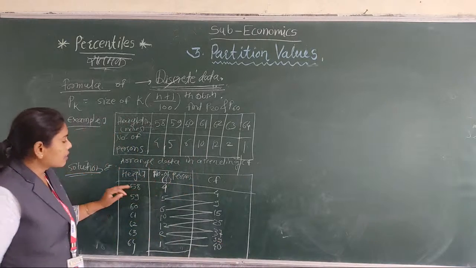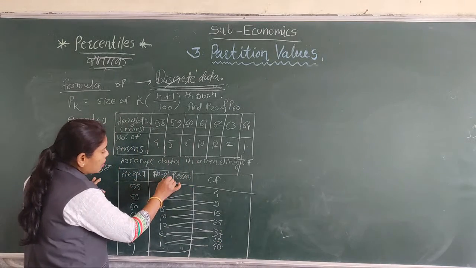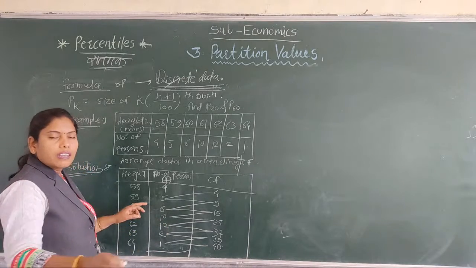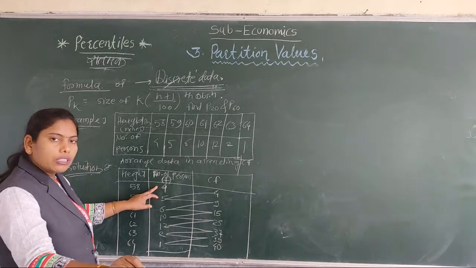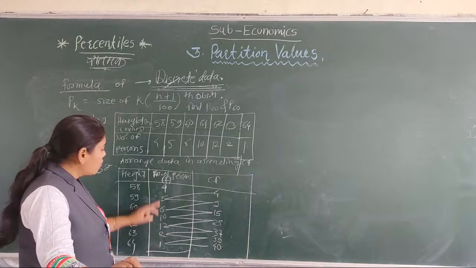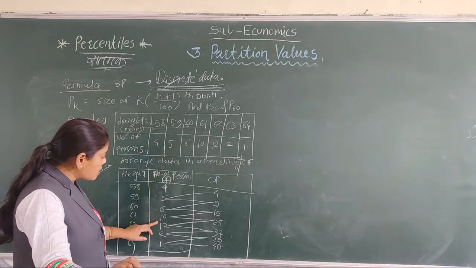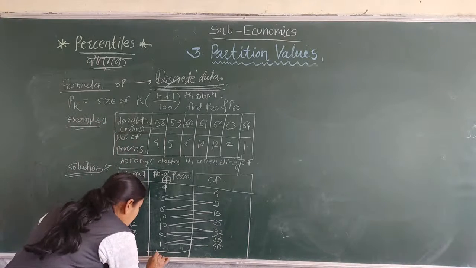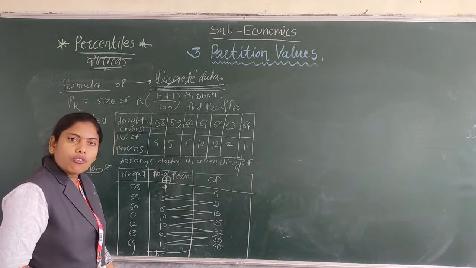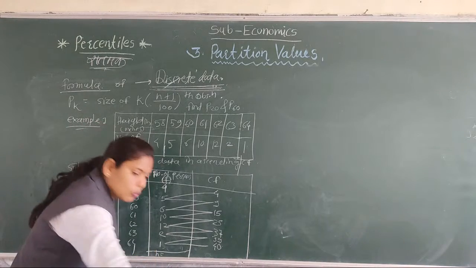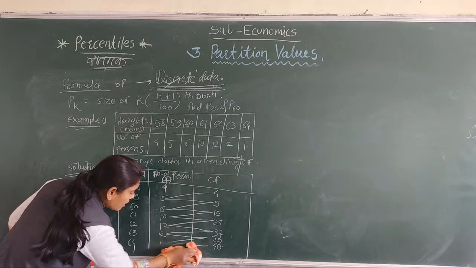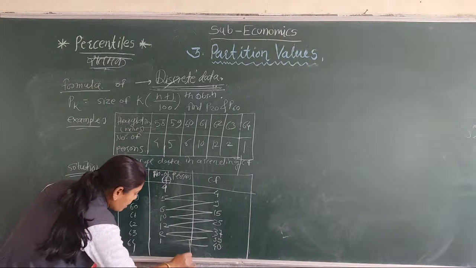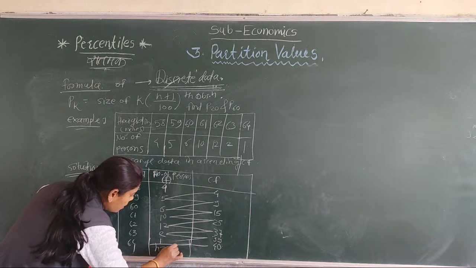And then calculate the total of the frequencies: 4 plus 5 plus 6 plus 10 plus 12 plus 2 plus 1 is equal to n, which means total number of observations is equal to 40.